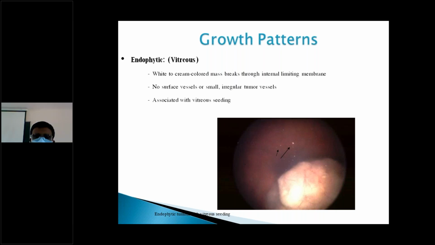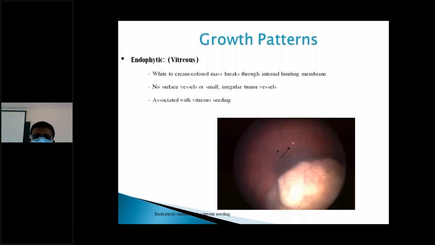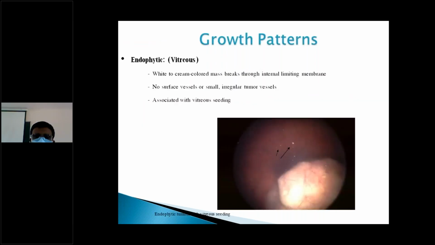If the tumor arises from the retina and grows into the vitreous cavity, it is called endophytic retinoblastoma. If it goes under the retina and separates the retina from the underlying choroid, it is called exophytic. Endophytic is a white to cream colored mass that breaks through the internal limiting membrane. There are no surface vessels, only very small blood vessels.